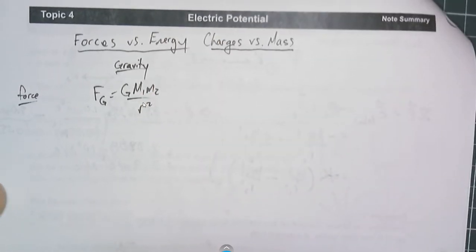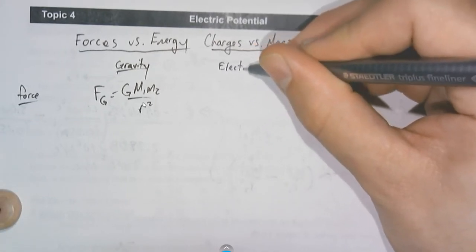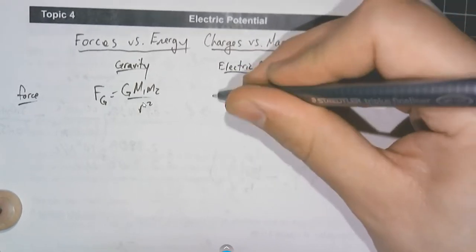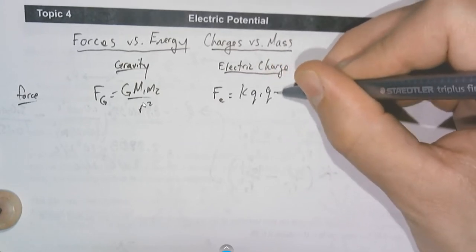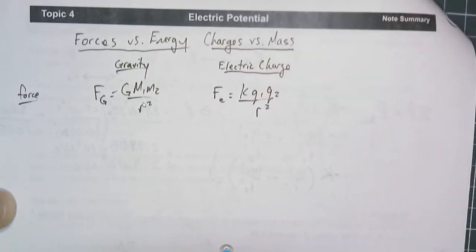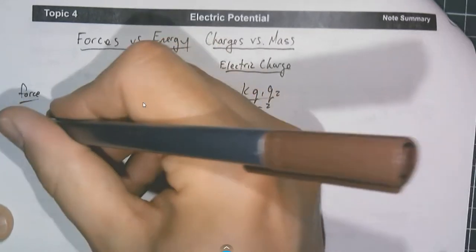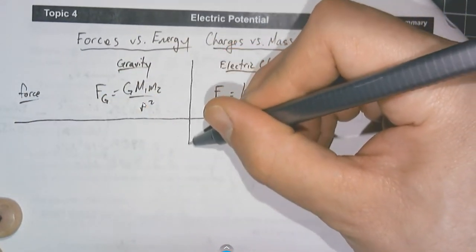And then continuing on across the horizontal, if we want to talk about how we've dealt with forces for electric charges, we had said that electrostatic force was K times Q1 times Q2 over R squared. And we might have talked about having absolute values for Q1 and Q2, but I'm just going to leave them off for now just to keep it nice and clean and simple looking. And so those are the comparisons that we've been able to make in the past.